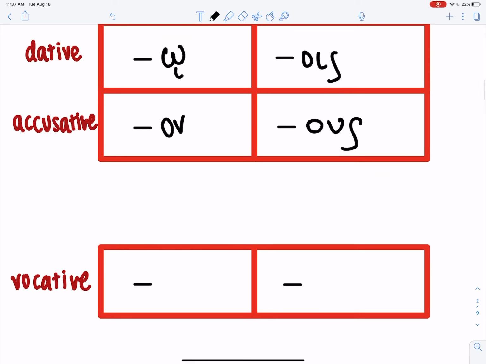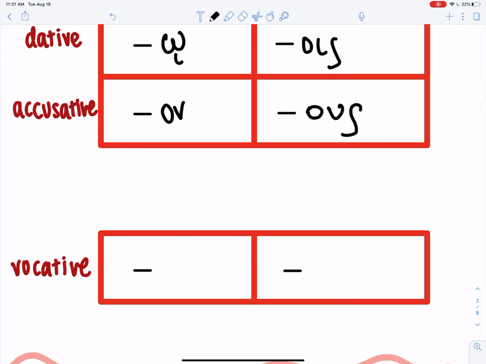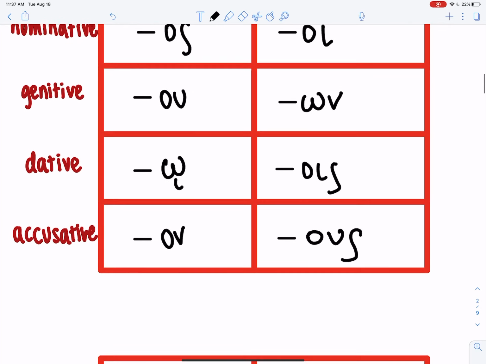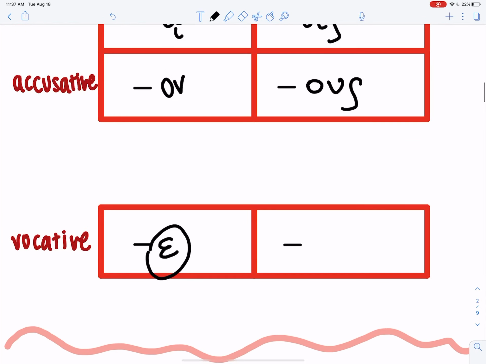And then with vocative, it's a little bit more complicated than first declension, but not much. So we have the vocative singular ending in epsilon, so e, and this is just like in Latin too, where the us ending becomes an e, and in Greek, this os ending, omicron sigma, becomes an e, epsilon. So not too bad again if you make these parallels between Greek and Latin.